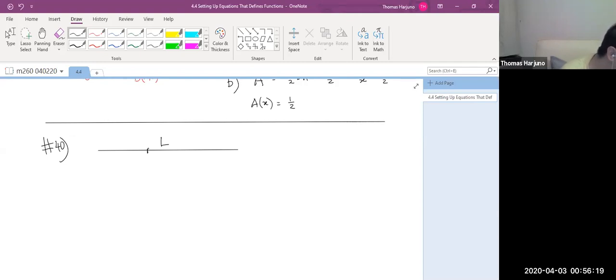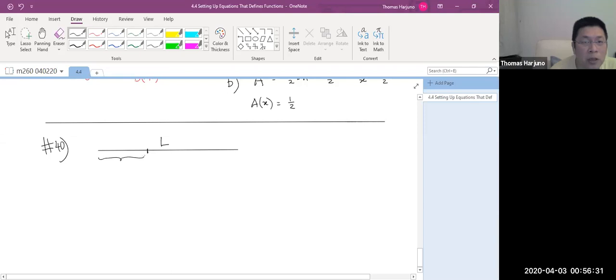Express the combined total area of the square and triangle as a function of x, where x denotes the length of the wire for the triangle. So let's say this first part here is x, and we will bend that into an equilateral triangle.